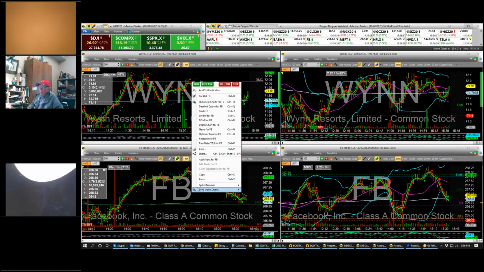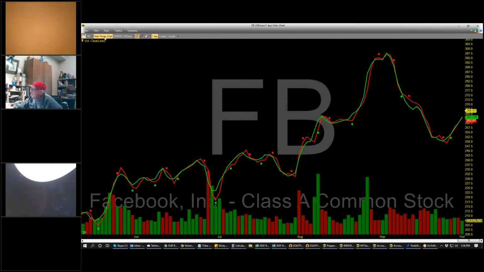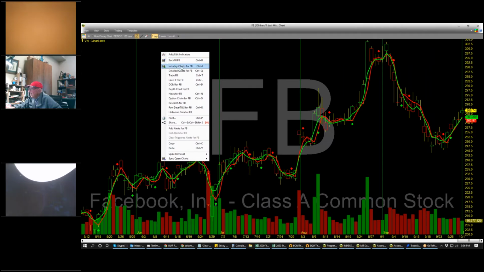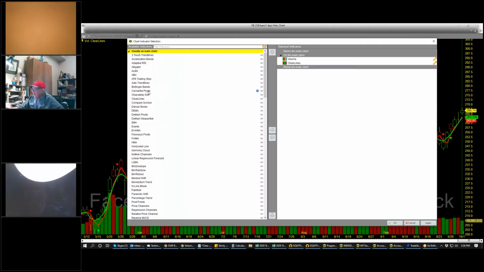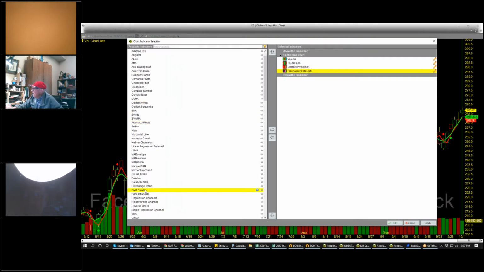Let's just go to a historical chart of Facebook. So this is the daily chart of Facebook. I would say on a daily, you would add the pivots, and you can put all 3 on: DMARC, Fibonacci, and pivot points.